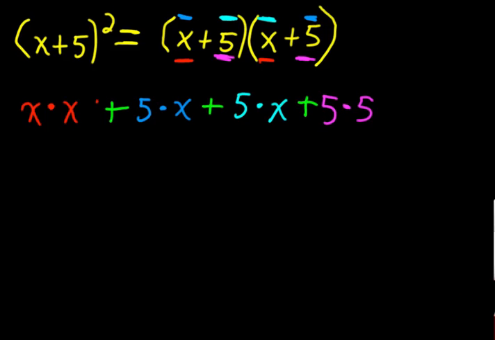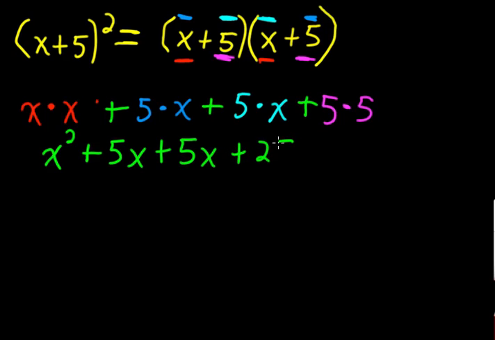So now if I complete my mathematics here, I get x squared plus 5x plus 5x plus 25. Again, the middle terms repeat, and I get 10x in the middle and plus 25.